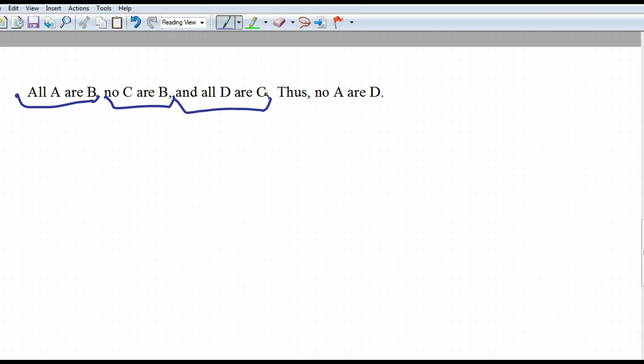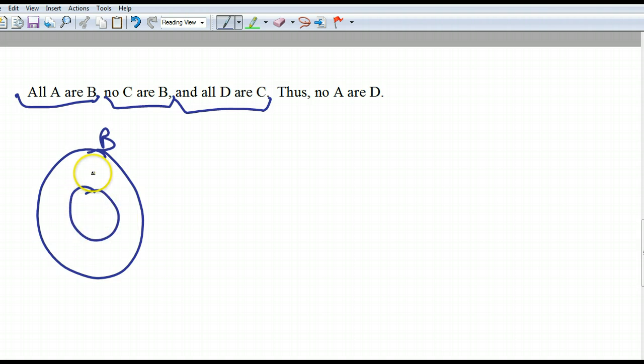Okay, so I'm going to do the first one. All A are B. So this is my B, my A is inside. Anybody disagree with me? Okay. The next one says no C are B. Where would I put C? Outside.